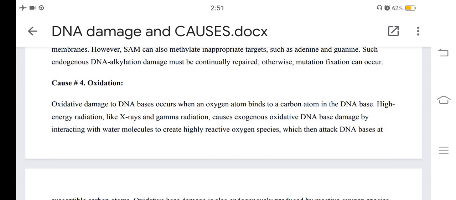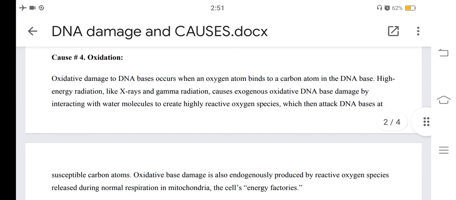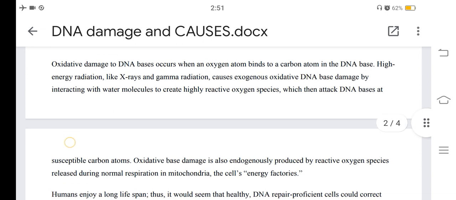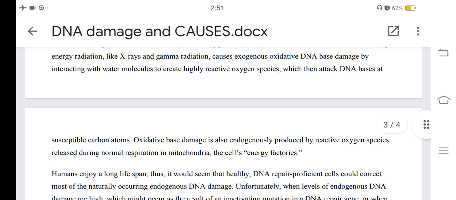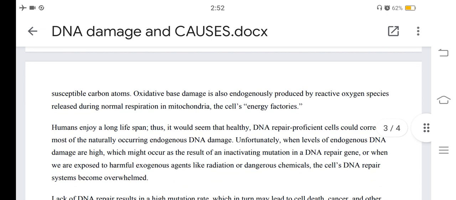Then, oxidation. Oxidative damage to DNA bases occurs when an oxygen atom binds to a carbon atom in the DNA base. High energy radiation like X-rays and gamma radiation cause exogenous oxidative DNA base damage by interacting with water molecules to create highly reactive oxygen species, which then attack DNA bases at susceptible carbon atoms.